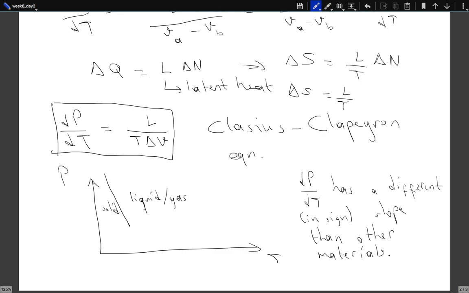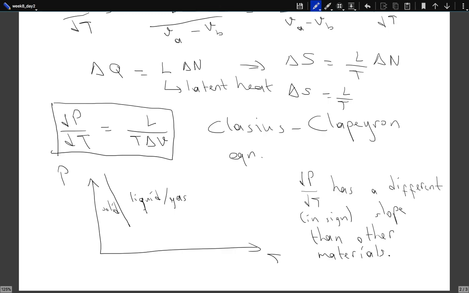And if you can determine L and delta V as a function of temperature, let's say, then you can actually determine this dP by dT, how this coexistence curve changes with temperature. And if you can measure one initial condition, one pressure and temperature, then you can determine all the rest.